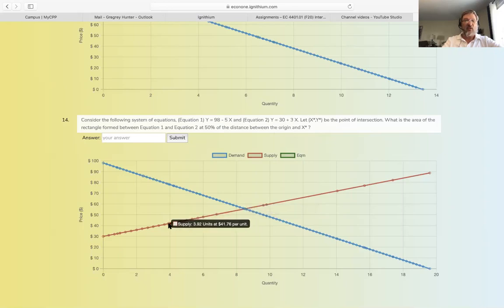I'll find 4.25 over here. There it is, 4.25. Spencer, I can get the height at 4.25, which is 42.75 on the red line, right? Yeah. So that's one of the y values.